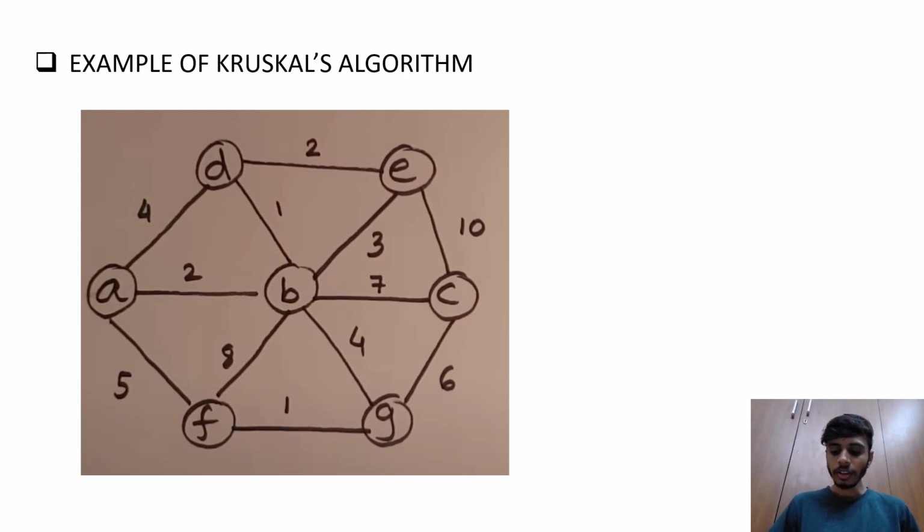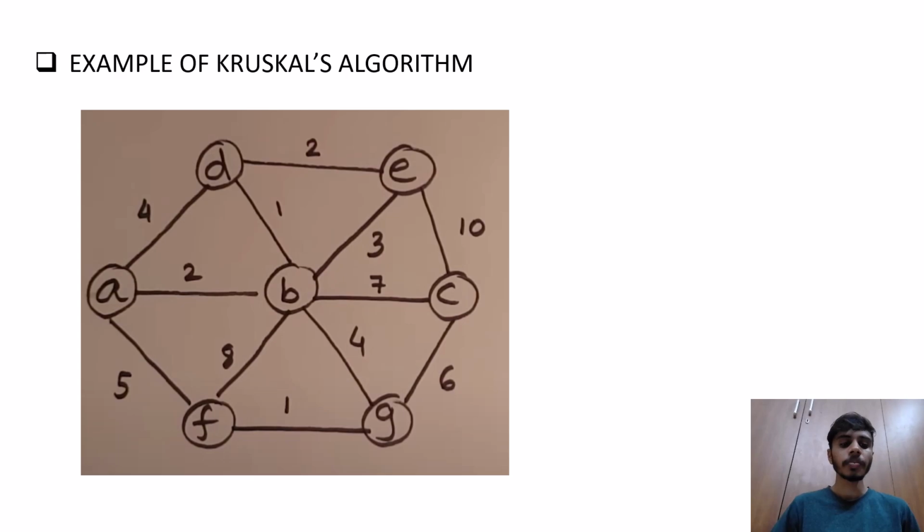Why can I not include 3? Because when I include 3, I will be forming a cycle between B, D and E. So since it forms a cycle, I cannot include 3.